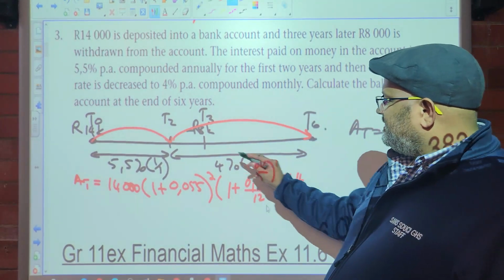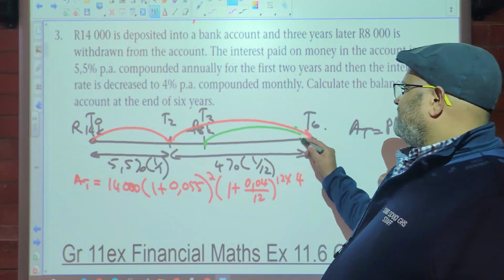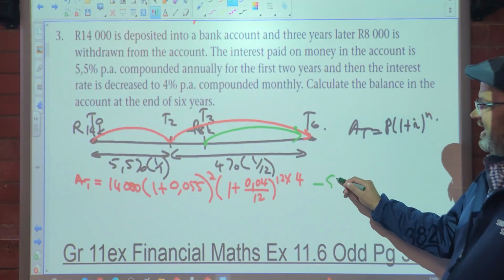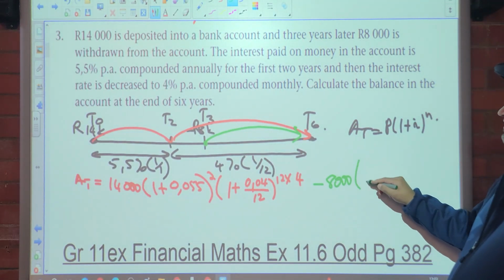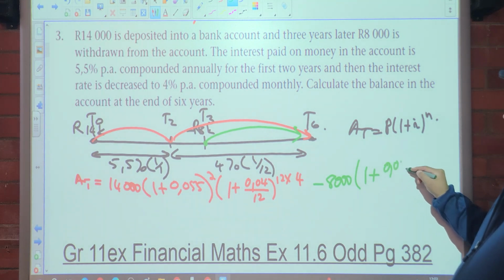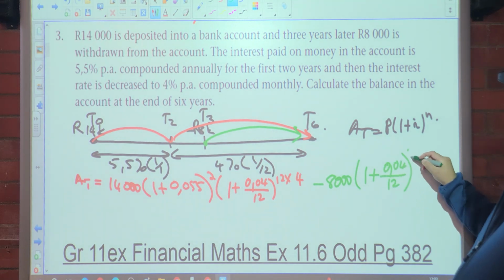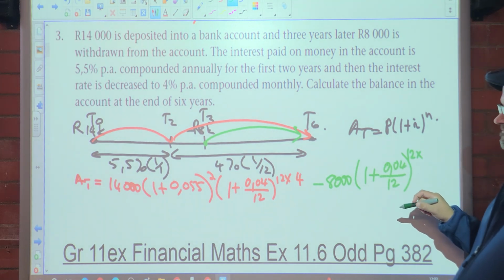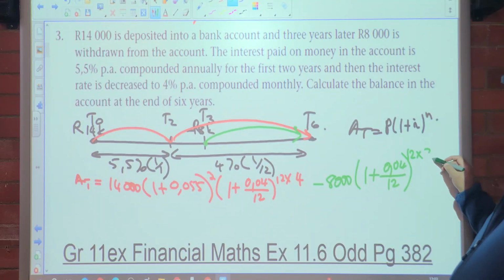Then what happens? You're minusing 8,000 rand from the account. So it's 8,000 into 1 plus 0.04 over 12 to the exponent 12 times 3 years.